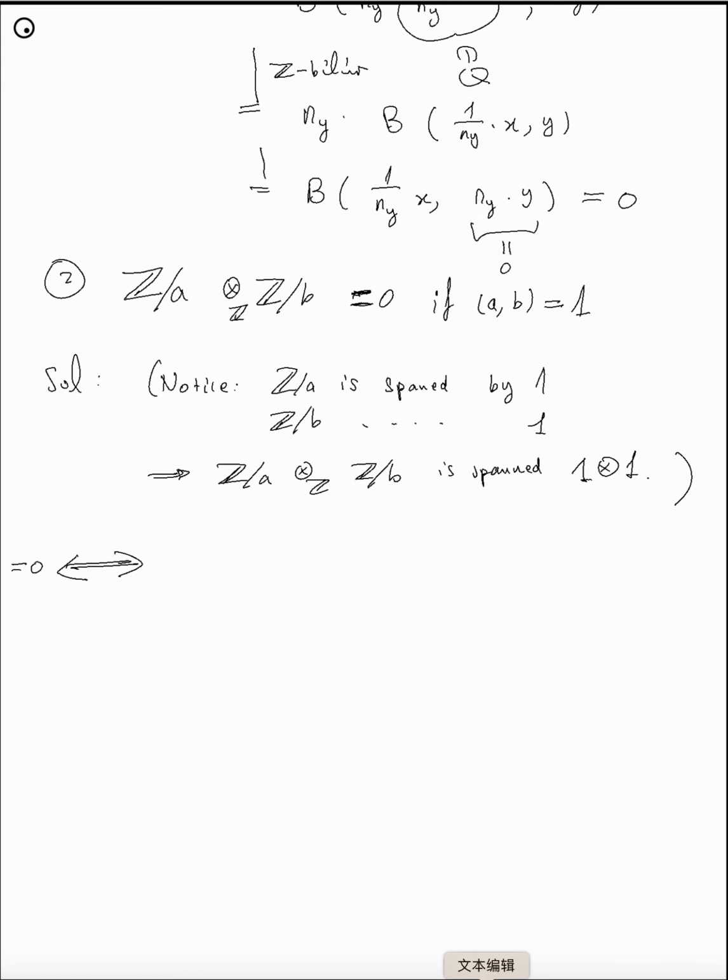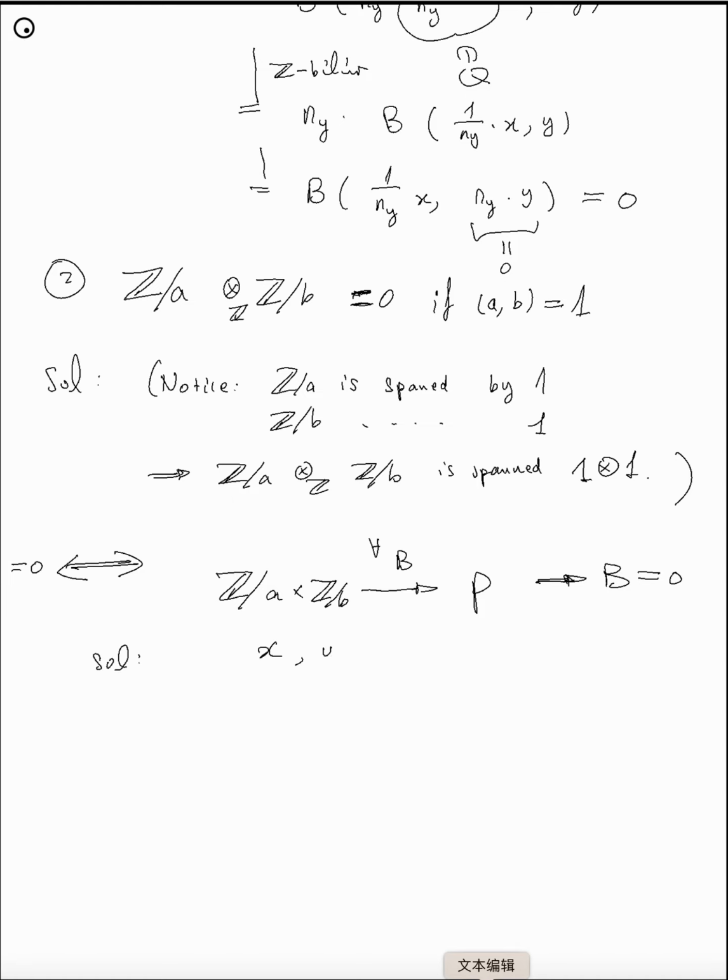This is 0 is equivalent to: any bilinear map from Z/a × Z/b to any Z-module P implies this bilinear map is 0. So we want to show this is the case.